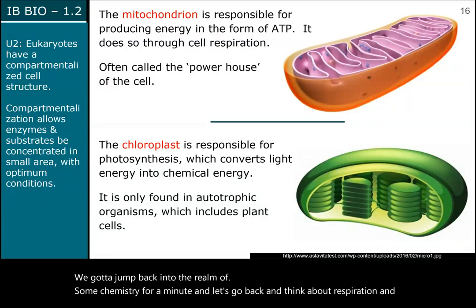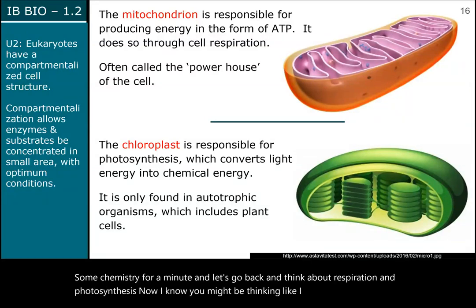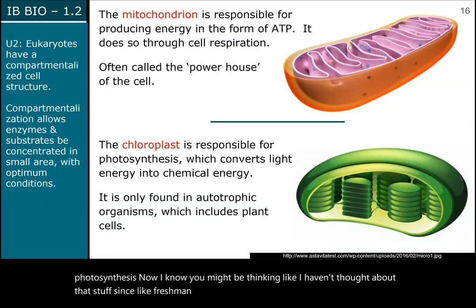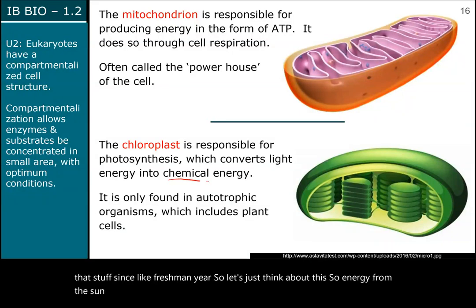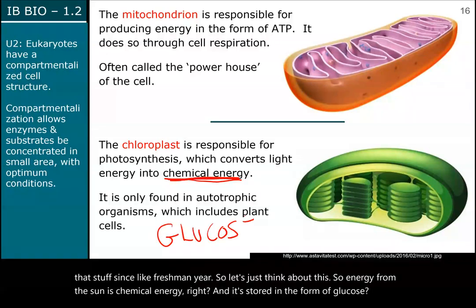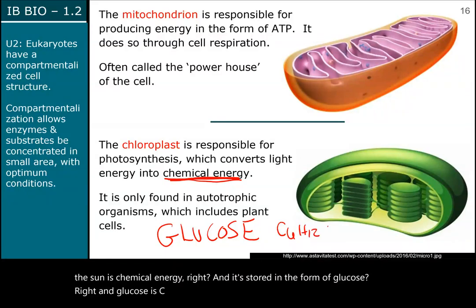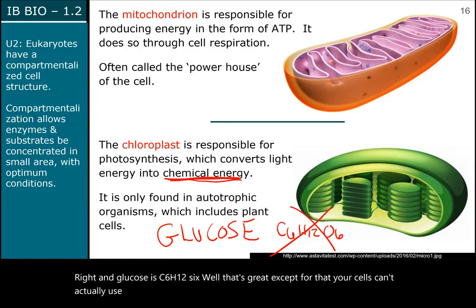Now, I know you might be thinking, like, I haven't thought about that stuff since freshman year. So let's just think about this. So energy from the sun is chemical energy, right? And it's stored in the form of glucose, right? And glucose is C6H12O6.